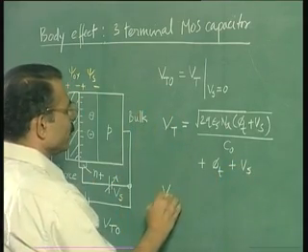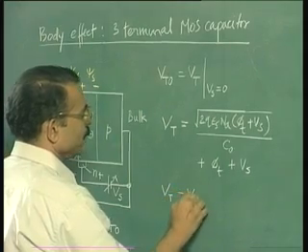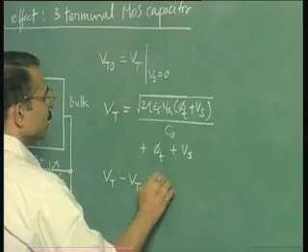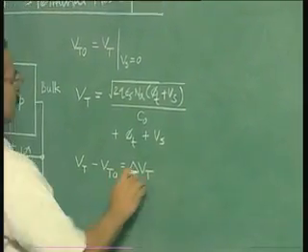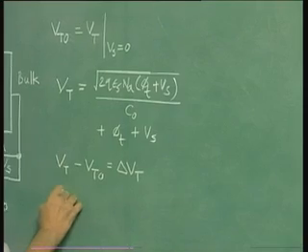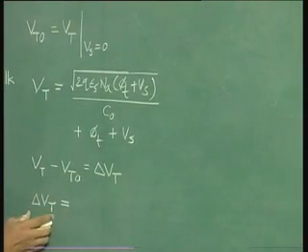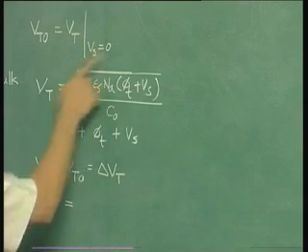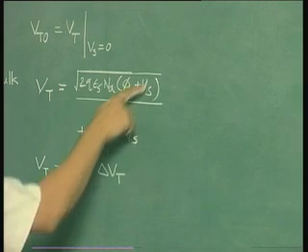So we can write Vt minus Vt0, normally referred to as delta Vt. This delta Vt is actually denoting the body effect. You subtract this equation from the equation in which Vs was 0.